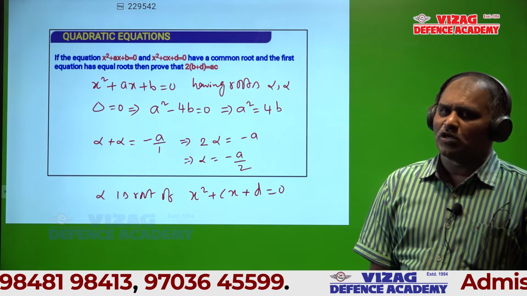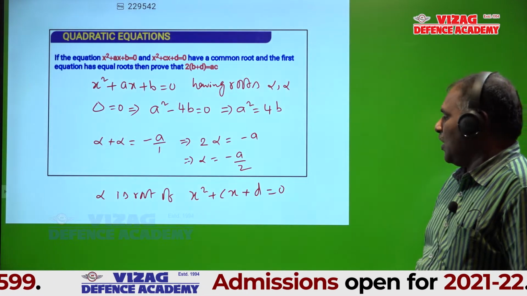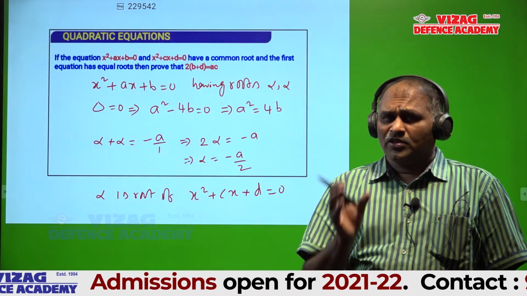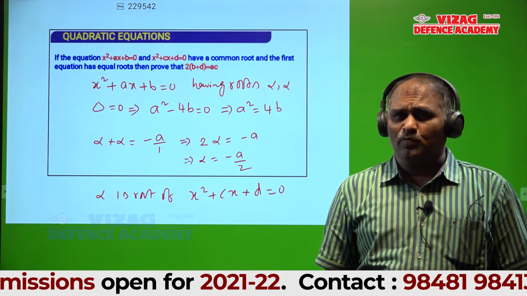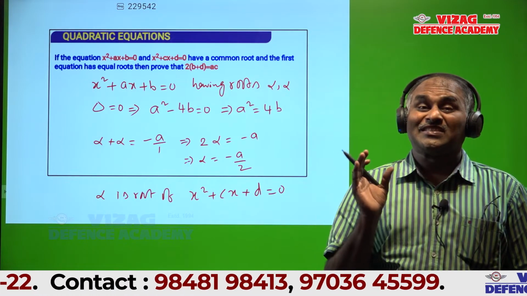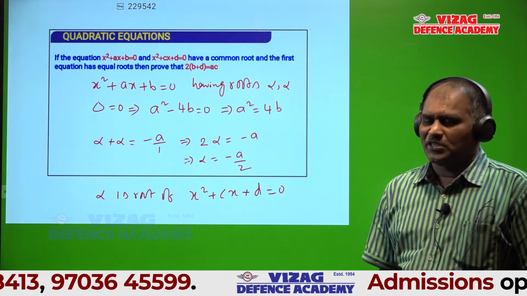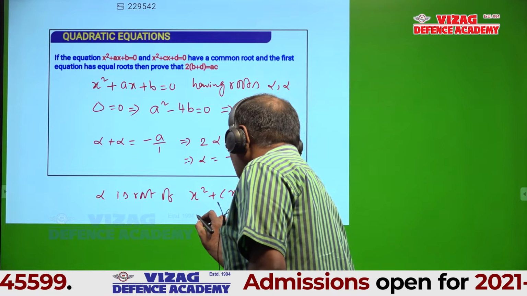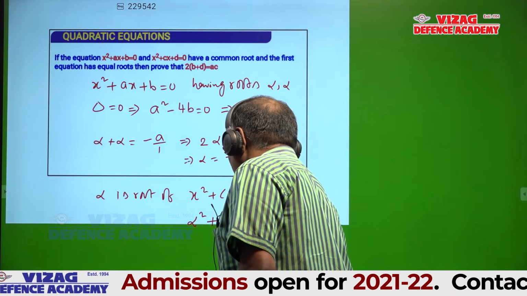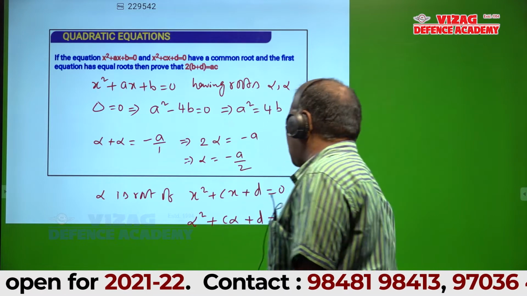If a value is a root of an equation, then substituting that value must satisfy it. That is, alpha square plus c alpha plus d is equal to 0.